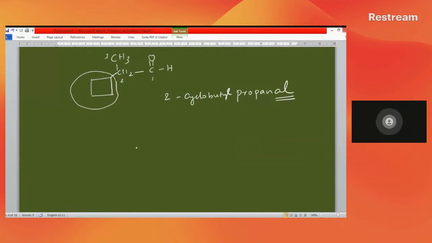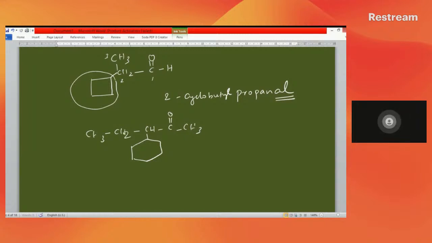We can have one other structure as follows. This is the structure. Consider it has got CH, double bond O, CH3 on one side. On the opposite side, we can have CH2, CH3. Count and find the number of carbon atoms in the longest linear chain.